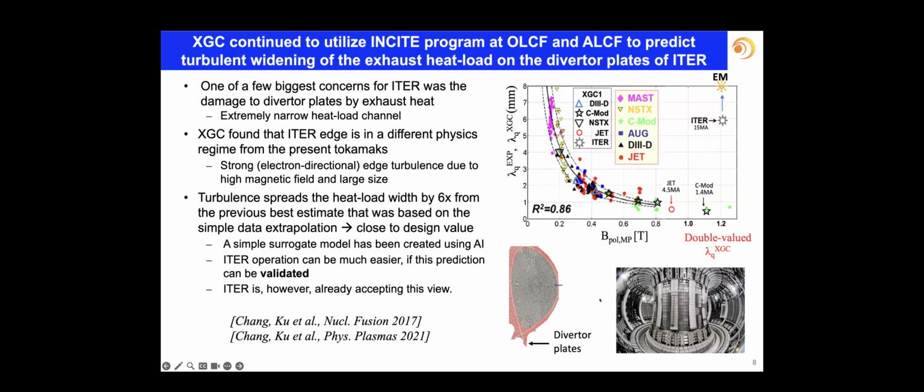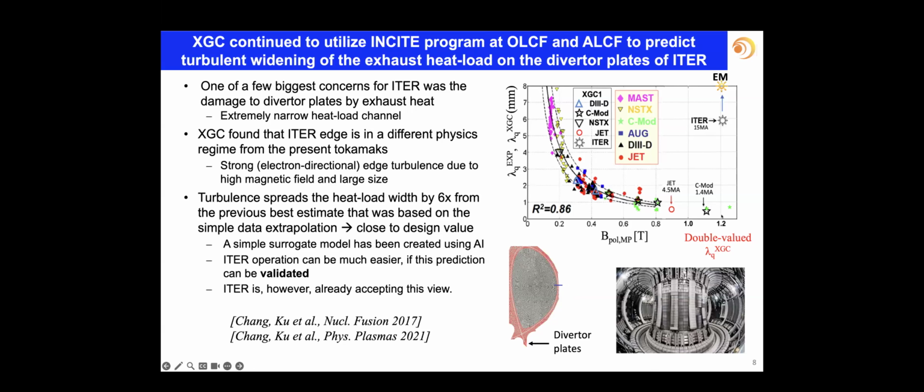However, the issue was that when we studied all the existing machines, this lambda_q is the measurement of the heat channel width along the toroidal direction. Since the shapes of all the plates are different, we map it to the outside midplane here and measure it. This width was getting smaller and smaller as the magnetic field became larger and larger.